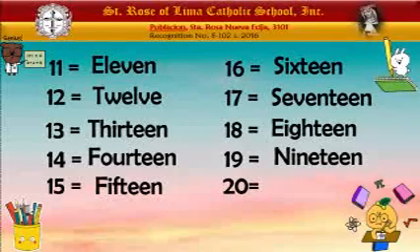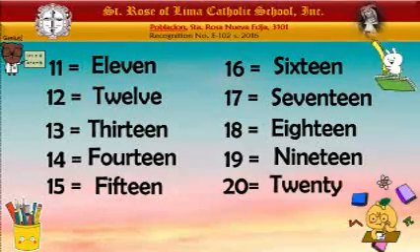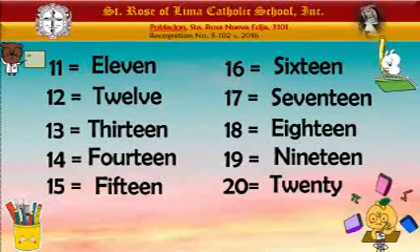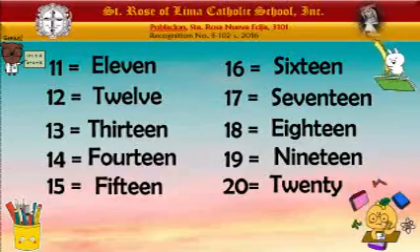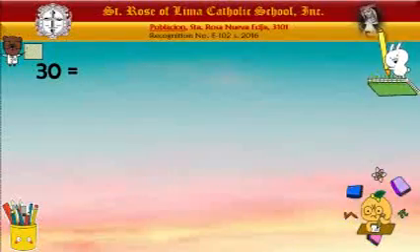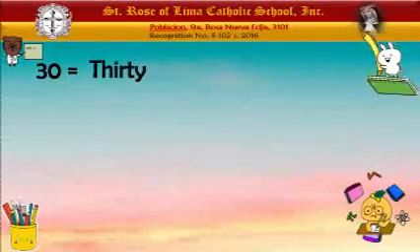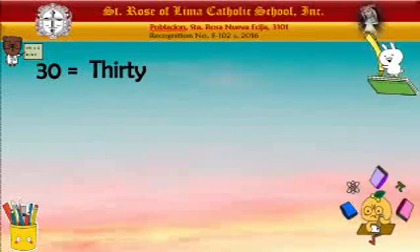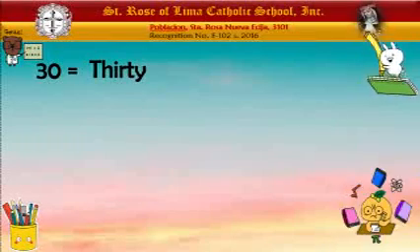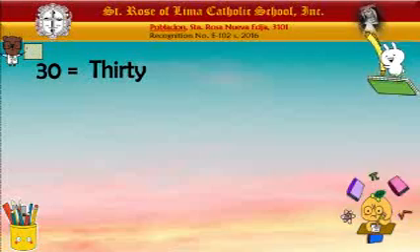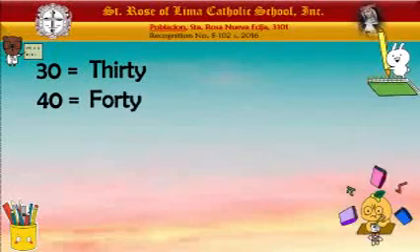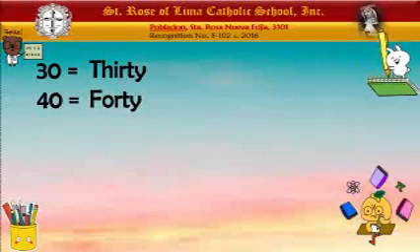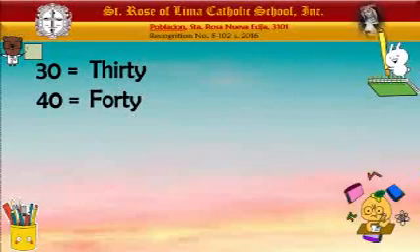Another one is number 20. And the spelling of number 20 is T-W-E-N-T-Y. Next, we have the number 30. And the spelling of 30 is thirty. Next, we have number 40, and the spelling of 40 is forty.